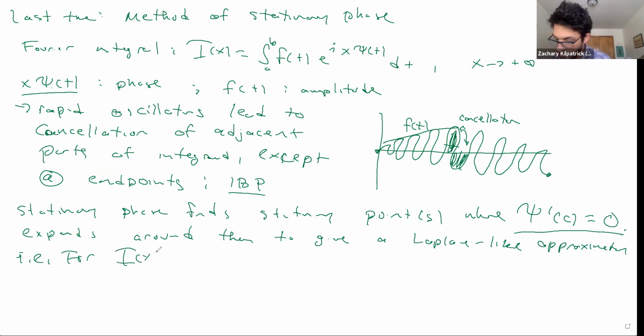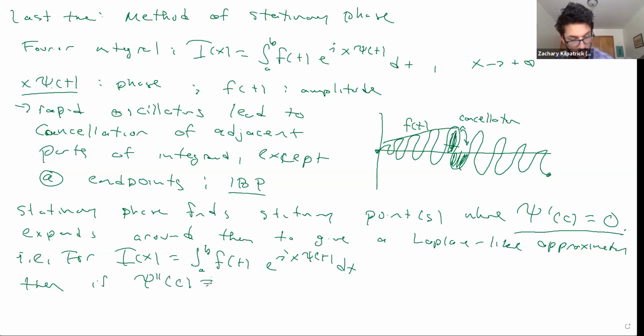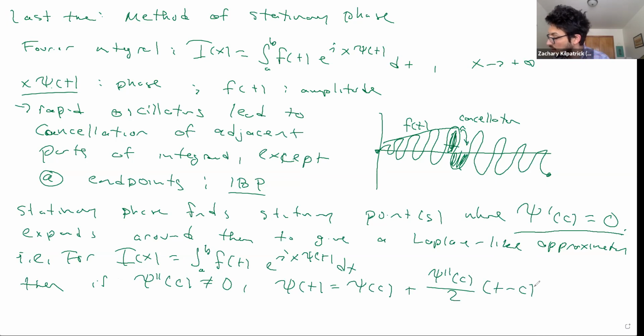For I of x equal to this integral, then if phi prime prime of c is not equal to 0, then psi of t is equal to psi of c plus psi prime prime of c over 2 times t minus c squared, and then you just retain that quadratic approximation.